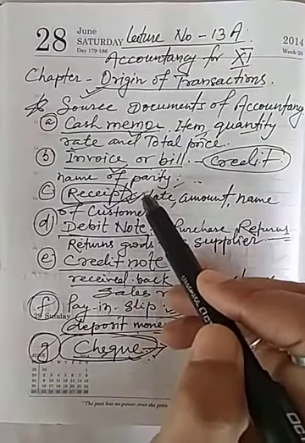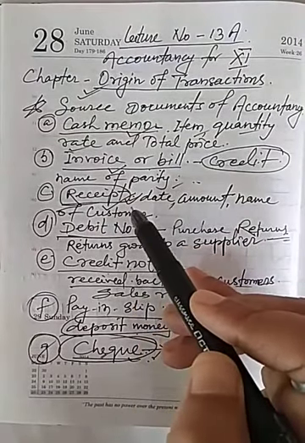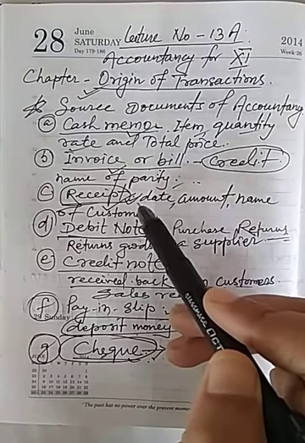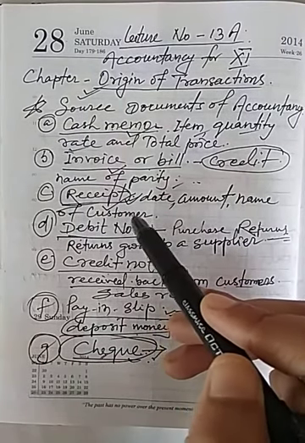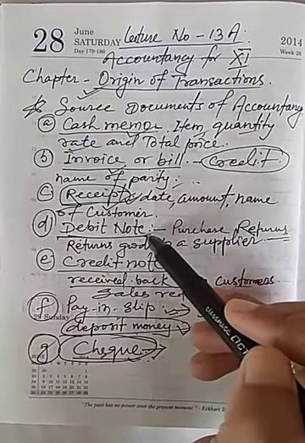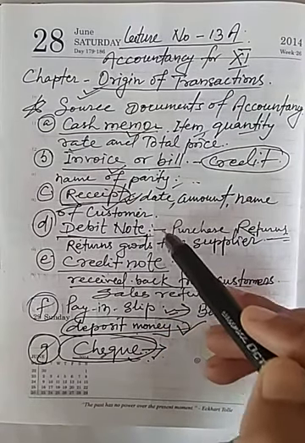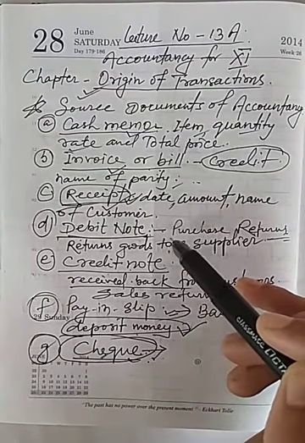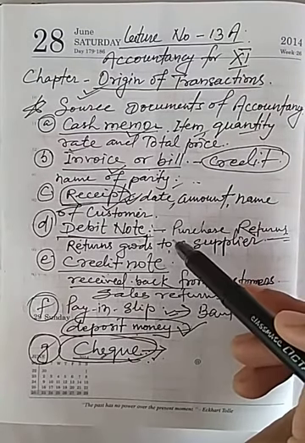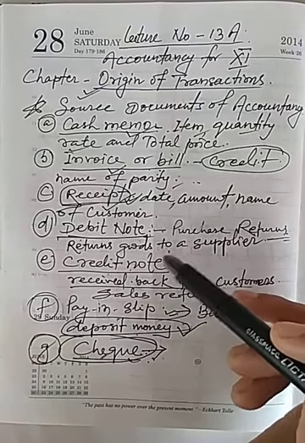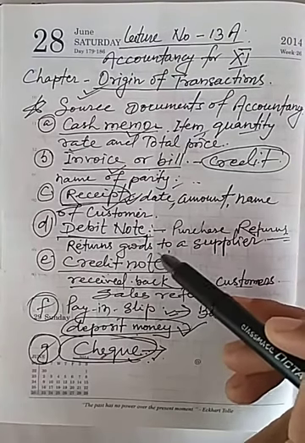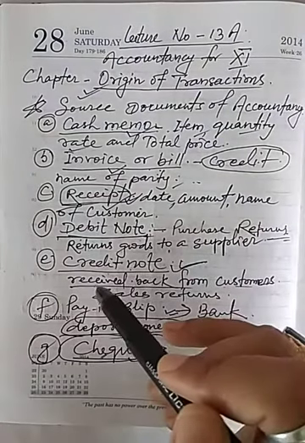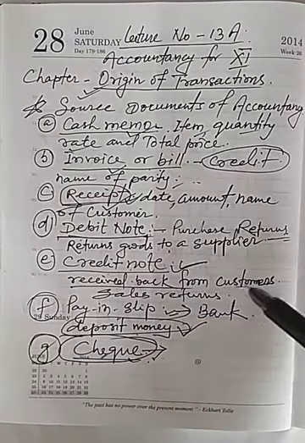Receipt is prepared when cash is received from a customer or cash is paid to a supplier. Debit note is prepared for purchase return, that means when we return goods to the supplier. And credit note is prepared for goods received back from the customer.